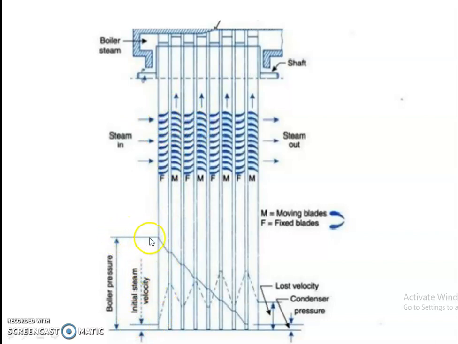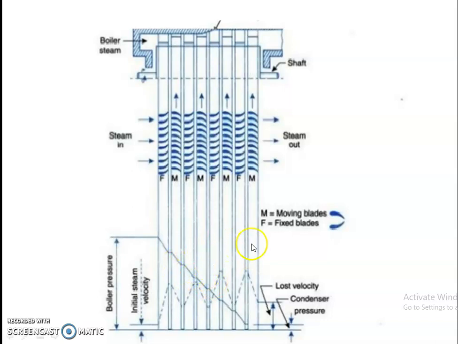The high velocity steam enters the fixed blade, and the pressure drop happens. After that it goes to the moving blade, and the pressure drop happens again. Then the steam goes to the fixed blade, and the pressure drops again. The pressure changes in the reaction turbine, but in the impulse turbine there is no pressure change in the blade section.